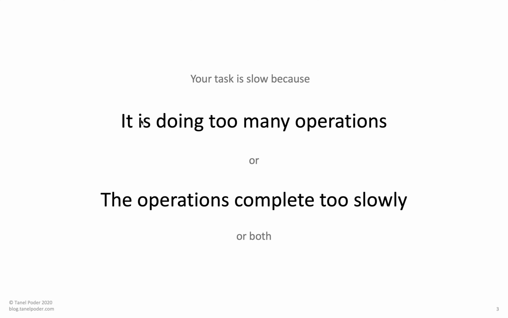Your report may be slow because it's doing too many operations, like maybe somebody dropped an index and you're scanning through the whole table. You're reading a billion blocks or a million blocks instead of 20 blocks. You're doing too many IOs.